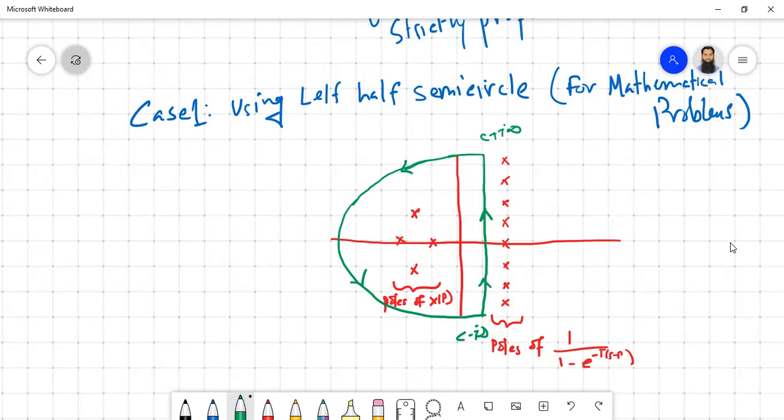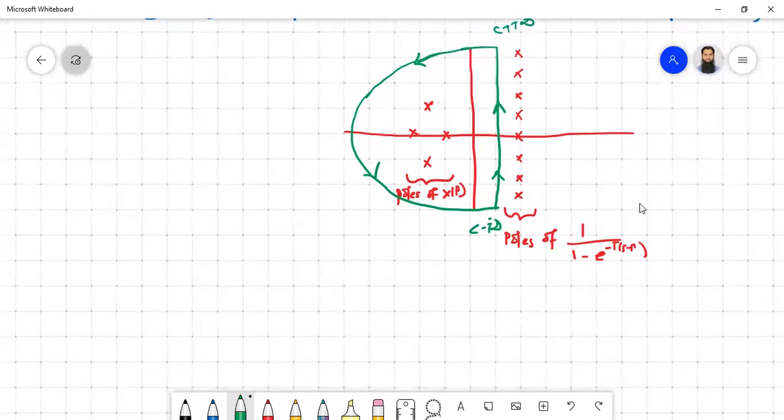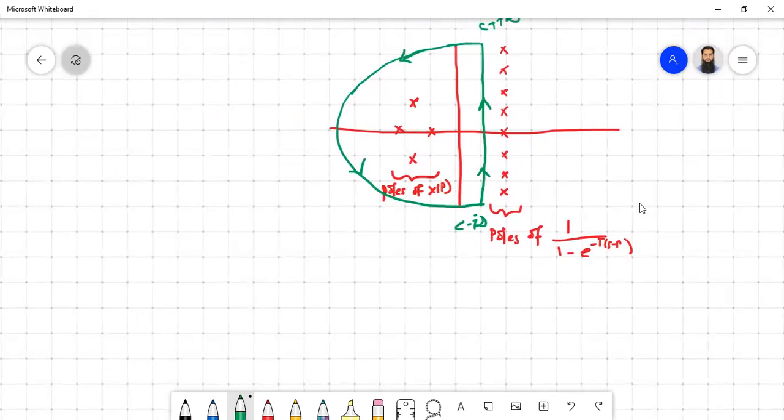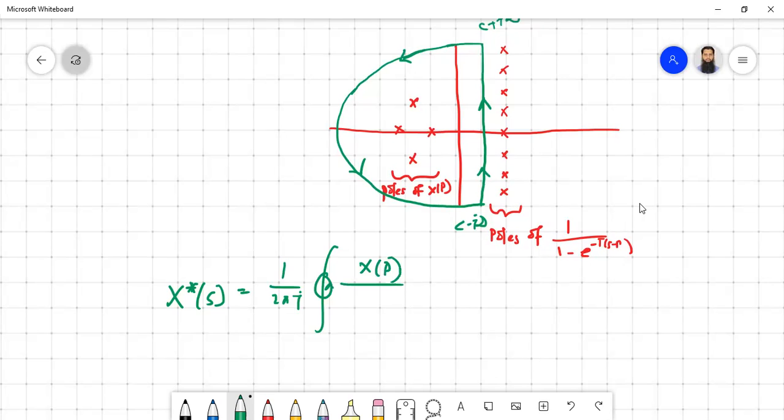Using this, our formula becomes X star s equals 1 by 2 pi j, the integral of XP by 1 minus e to the minus t(s minus p), and it has to be counterclockwise. Minus, now for the contour, we have to subtract the value of the infinite semicircle.